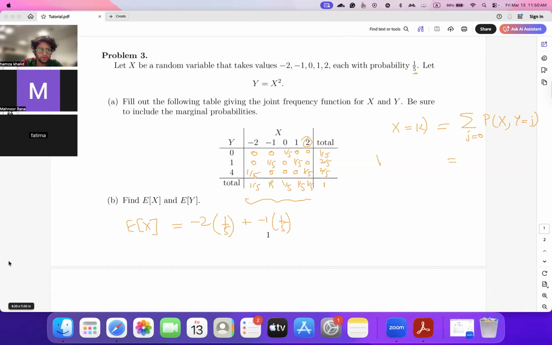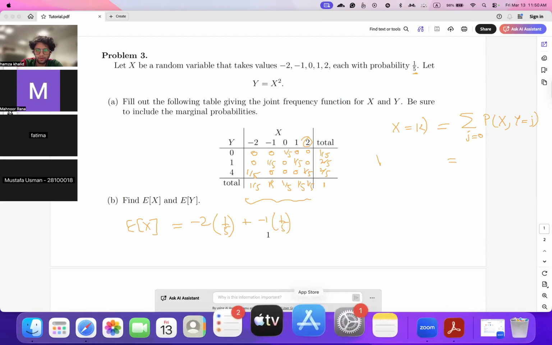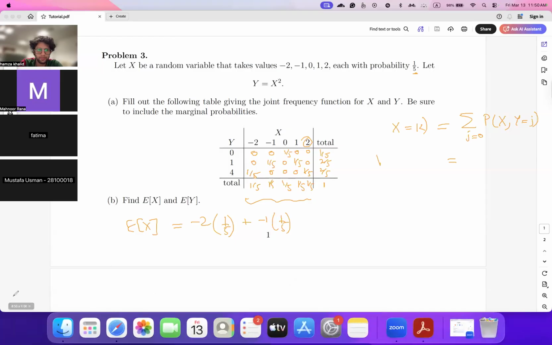For the expectation, you're just summing up: minus 2 is your realization, and the probability that your random variable is minus 2 is 1 by 5. This thing over here.